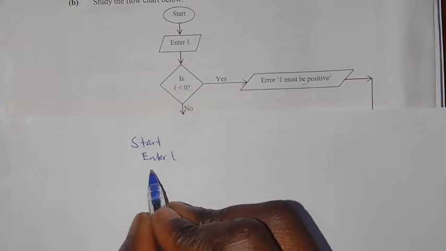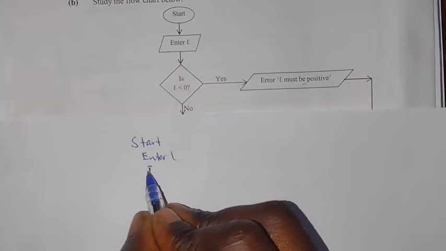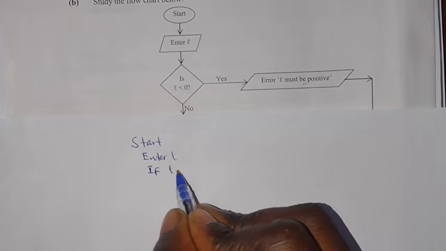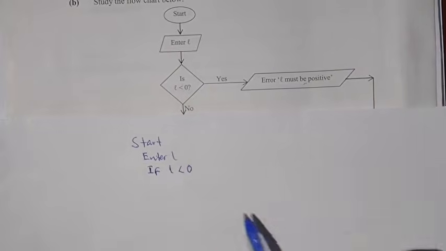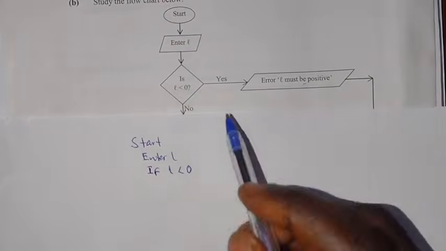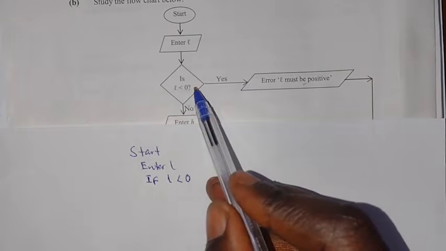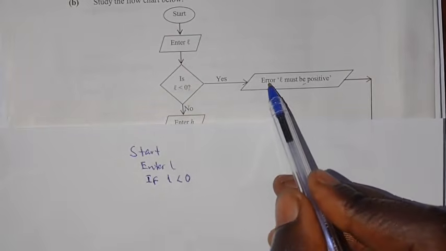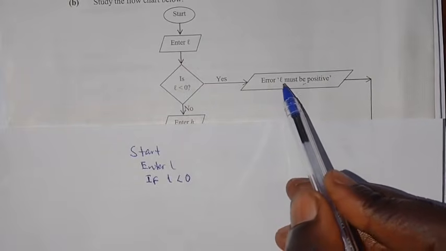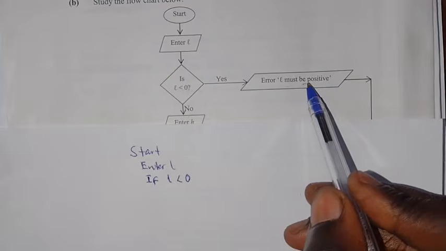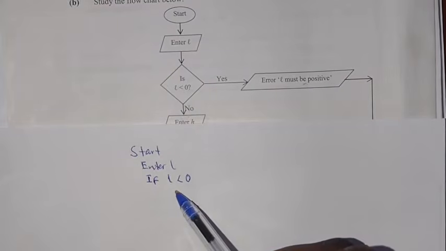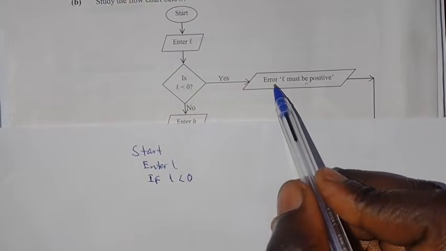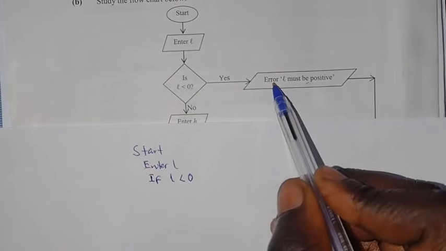For this you are going to write a statement: if L is less than 0. Since this is a decision box, there is yes and no. For yes, they have said the error: L must be positive. So you are going to write then display error, because there is an error message here.